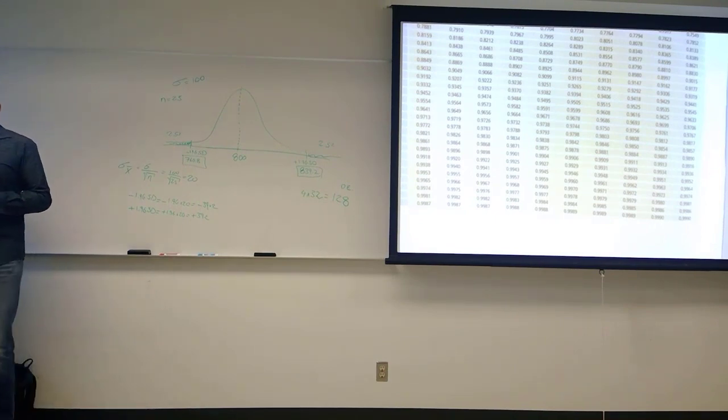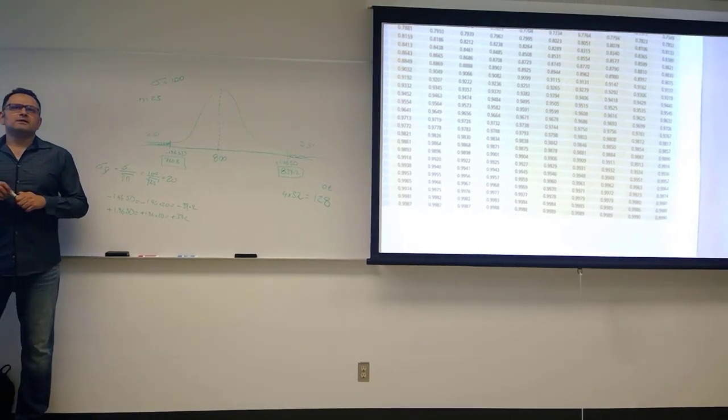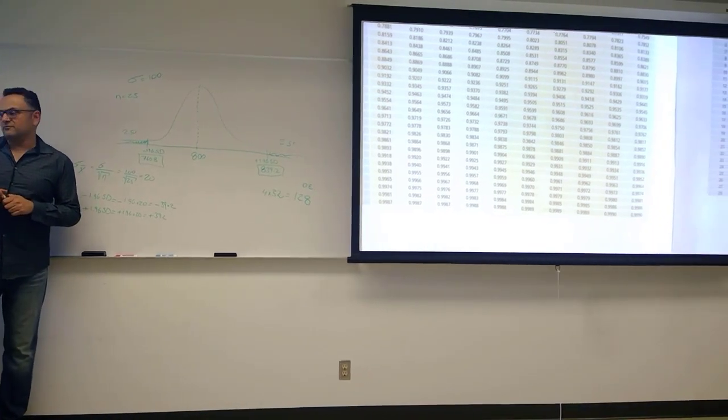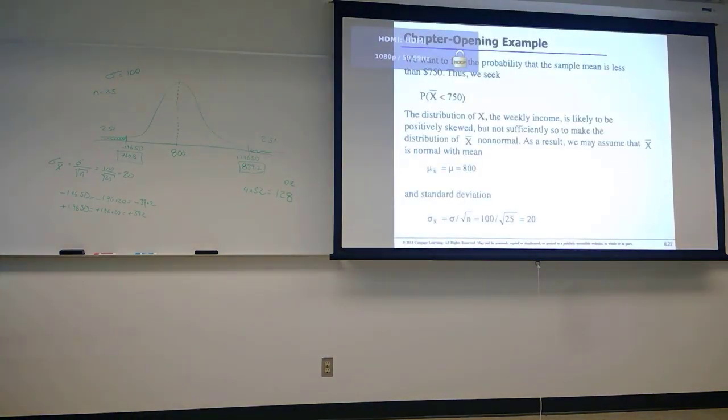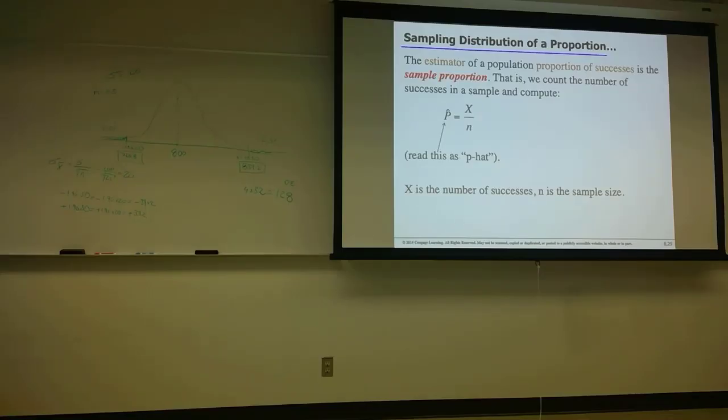Now, the last part of this chapter is the sampling distribution of proportion. If you think back to what we did a few chapters ago, when we did binomial distributions, we can use sampling distributions also for proportions. If you remember in chapter 6, I believe, three chapters ago, we did the binomial distributions where you had either 0 or 1.